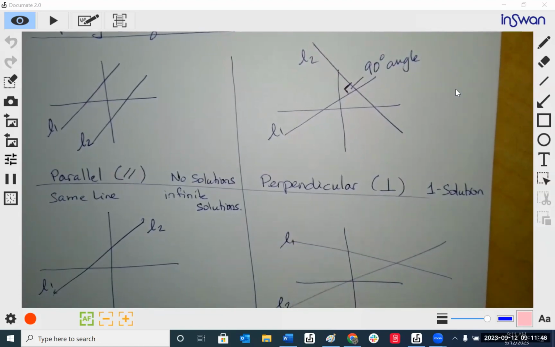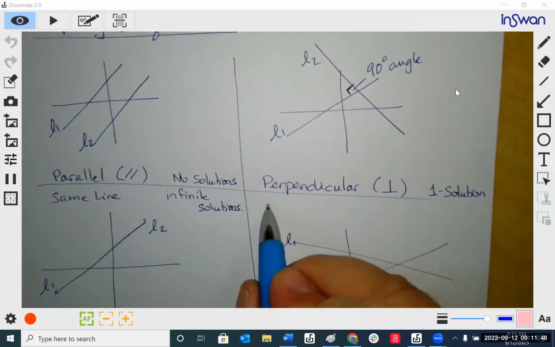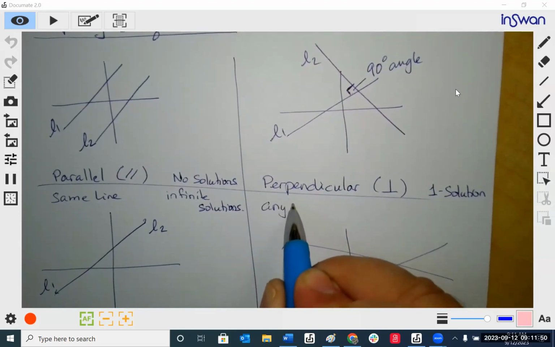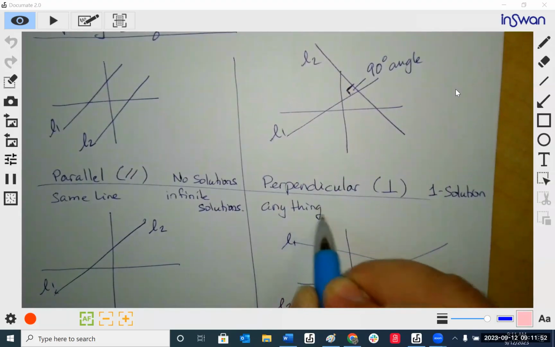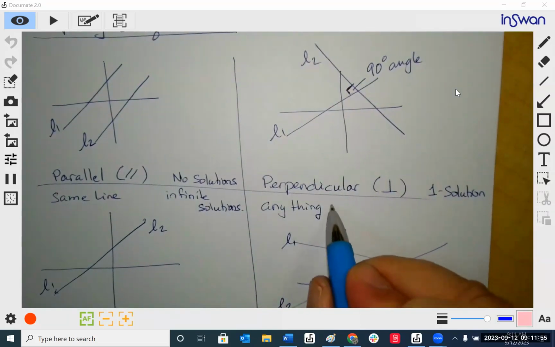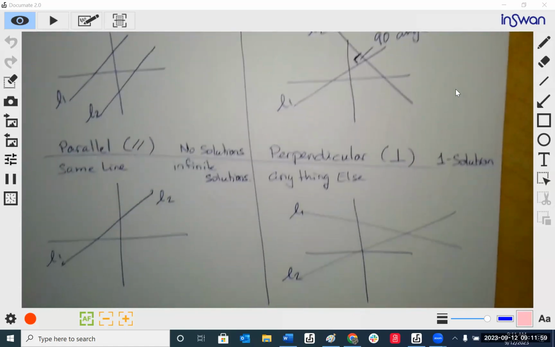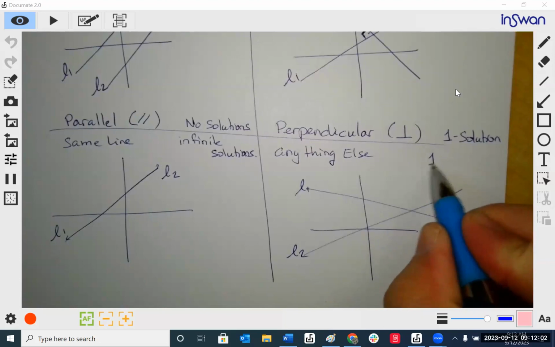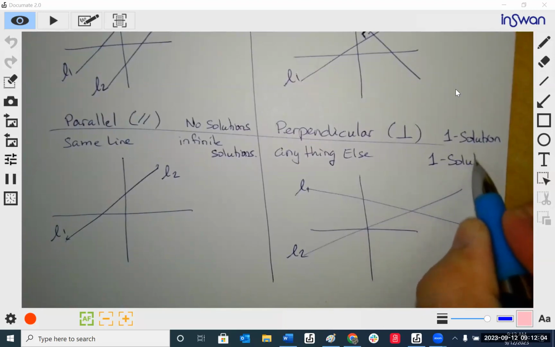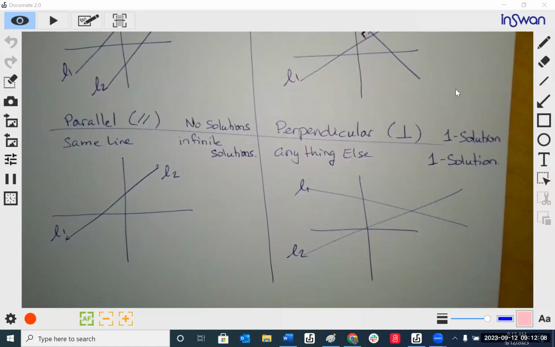Line 1, line 2. Anything else goes in this last one. And that one only has one solution. To begin with, terms.